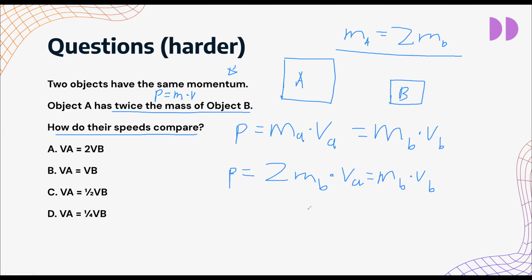And if we look at this, we can divide both sides by mb, and this will cancel out. So we get 2 times VA equals VB. And looking at the answer choices, they all have VA on its own side. So just divide both sides by 2, and we get VB over 2 is equal to VA. And that's C. Was that how you guys did it?